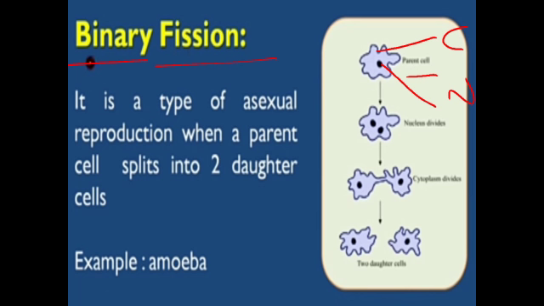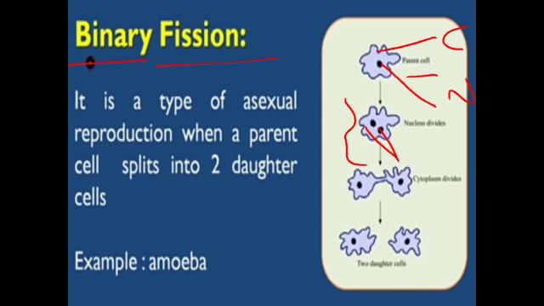Now this parent cell, amoeba, starts its reproduction. How will it start its reproduction? First of all, it will divide its nucleus into two nuclei. Here in this figure we can see its nucleus divides into two nuclei.